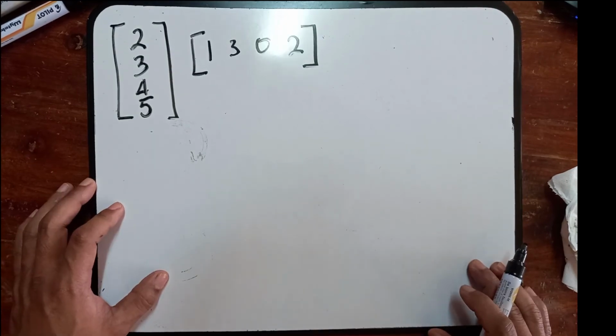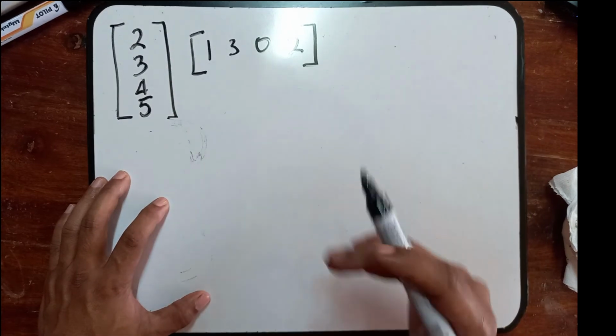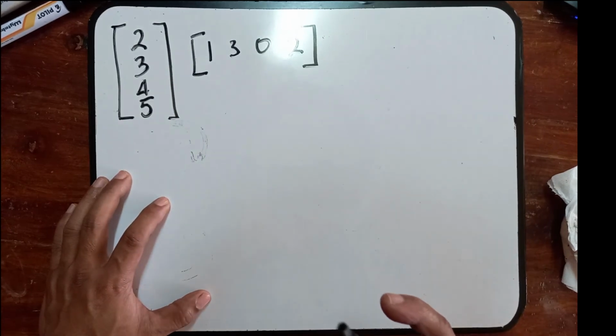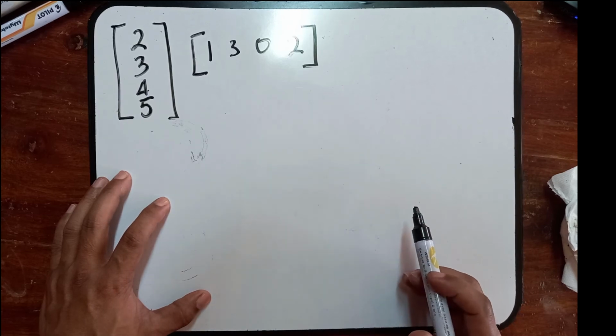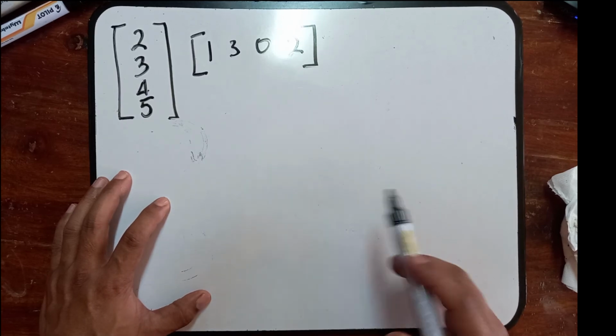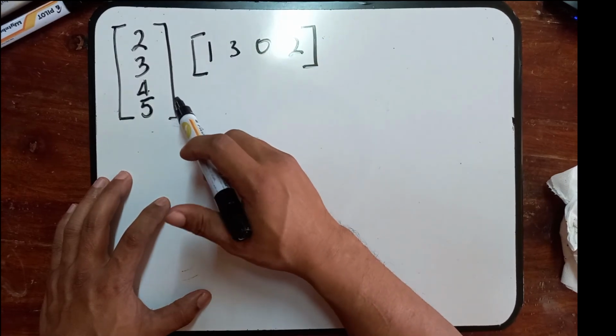Well, let's say these are the given matrices. So the first thing that we have to do before we go on multiplication is we must see first if they are legal matrices in terms of multiplication. So does it conform to the rules of multiplication of matrix?